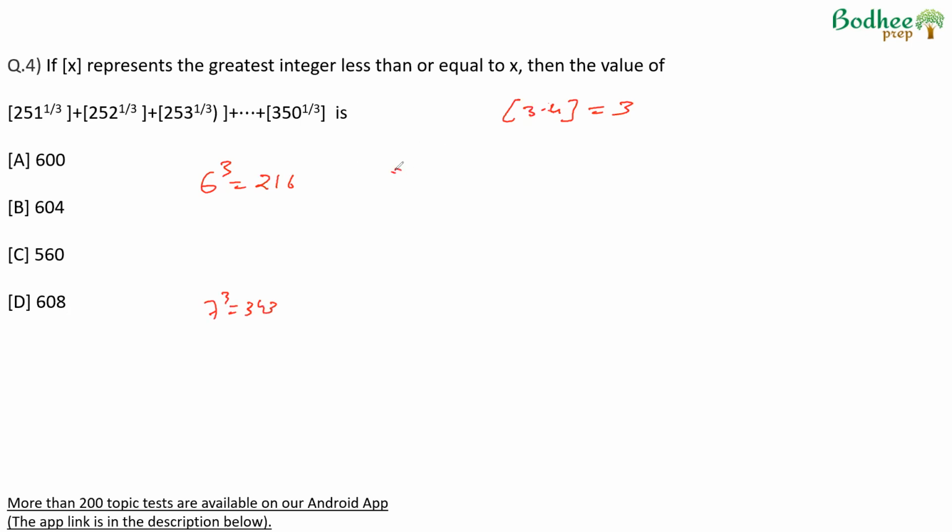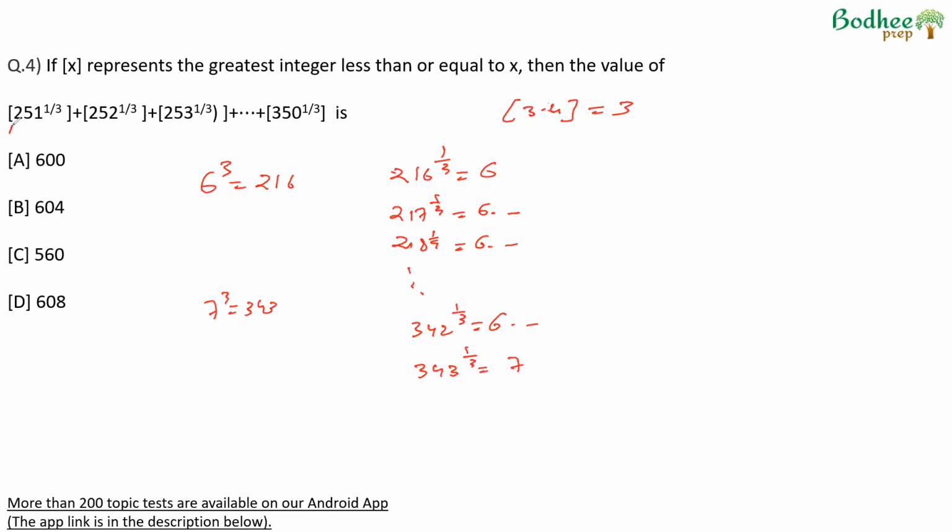And therefore cube root of 216 will give me 6. Cube root of any number after 216 will be 6 point something. And this will go until 342. Cube root of 342 will also be 6 point something. Cube root of 343 will become 7.